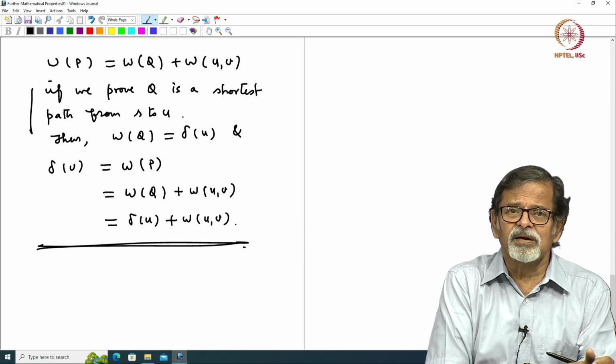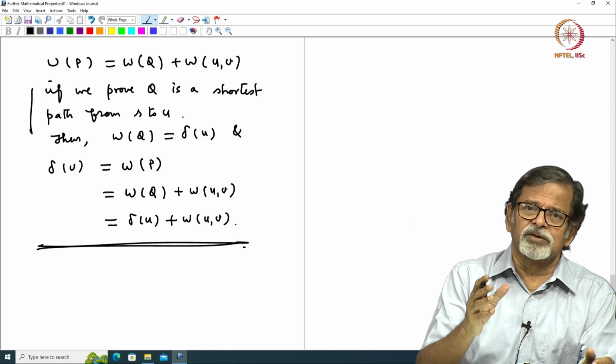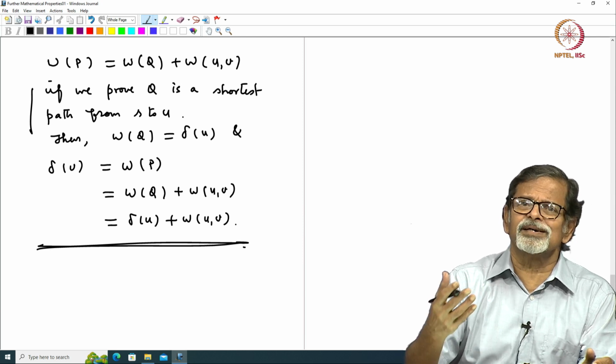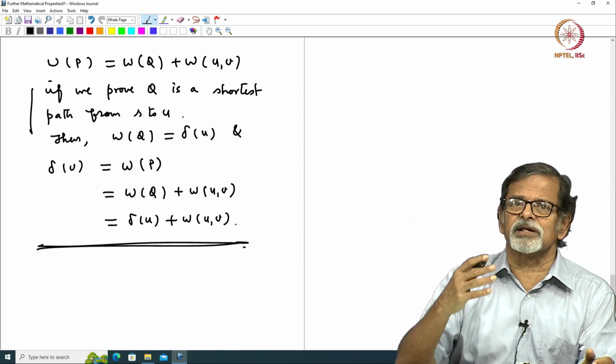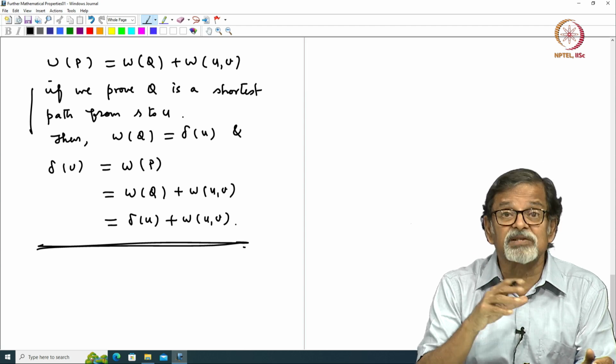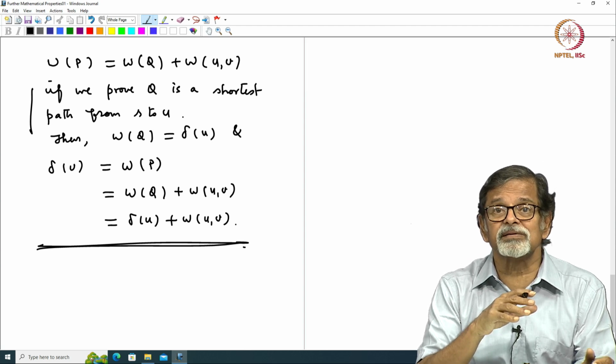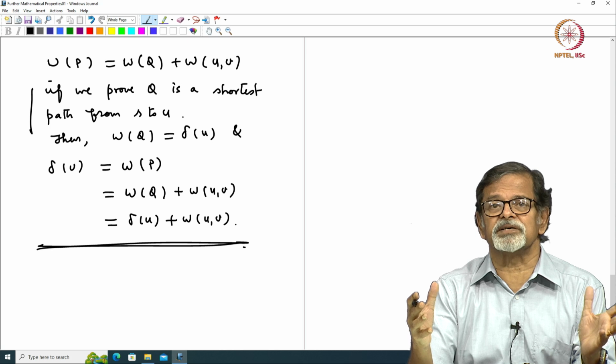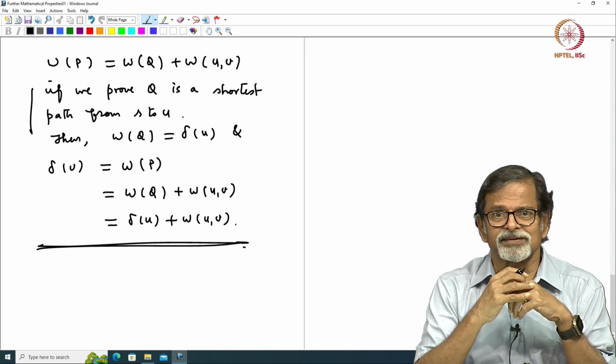Okay. We prove that Q is a shortest path by contradiction, assuming that Q is not the shortest path. What will be the contradiction we would get?